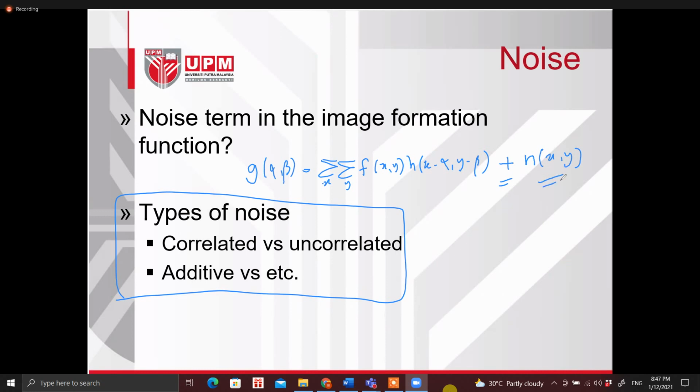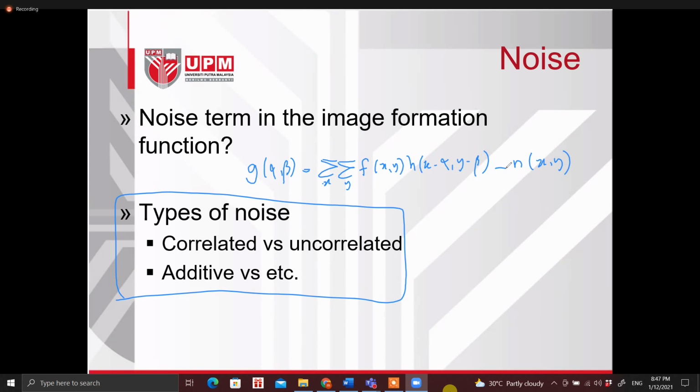How may other types of noise look? We may also have multiplication noise, a dot multiplication, or we may have a divisive noise, or a deductive noise.